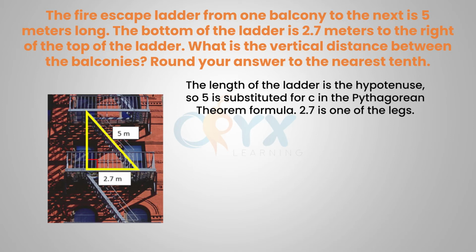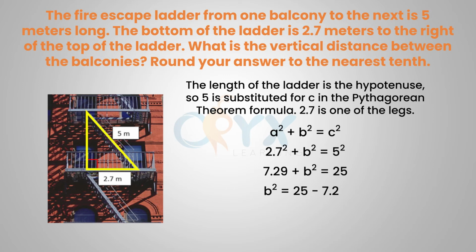So using the formula a squared plus b squared equals c squared, and substituting in the values that we know, we get the formula 2.7 squared plus b squared equals 5 squared. Simplifying, we'll get 7.29 plus b squared equals 25. Subtract 7.29 from both sides of the equation to get b squared equals 25 minus 7.29, or 17.71. Take the square root of both sides of the equation to get b equals the square root of 17.71, or approximately 4.2 meters.